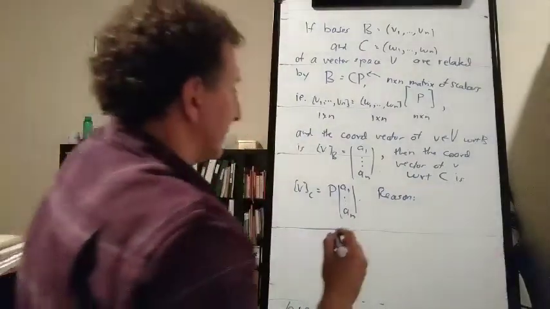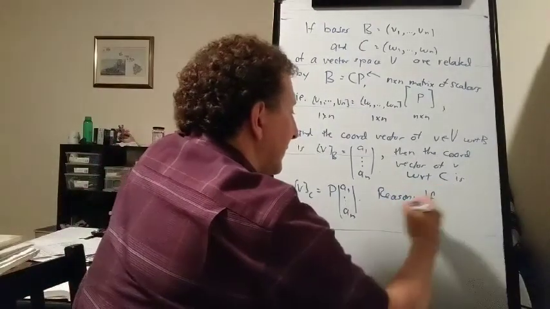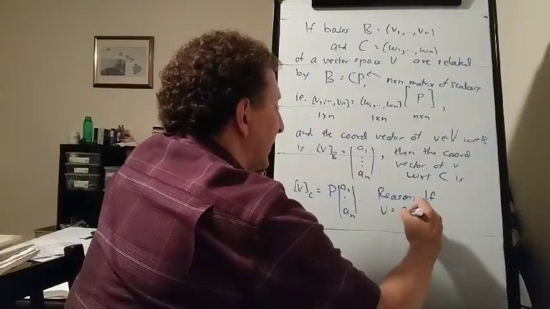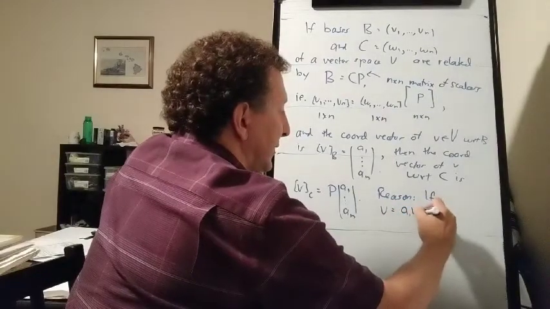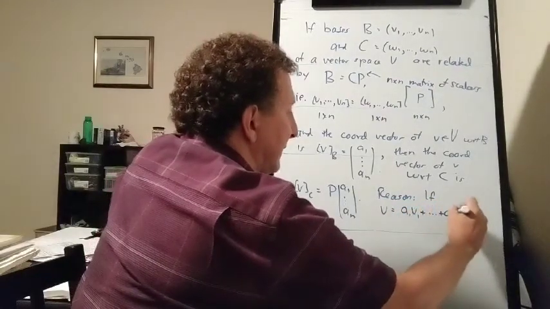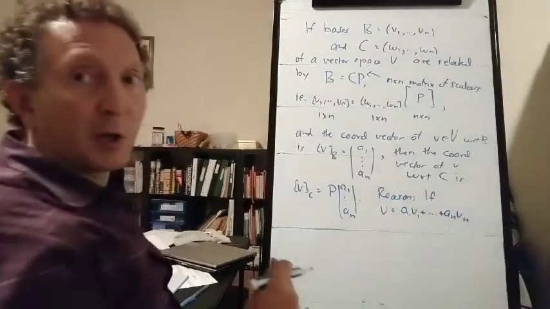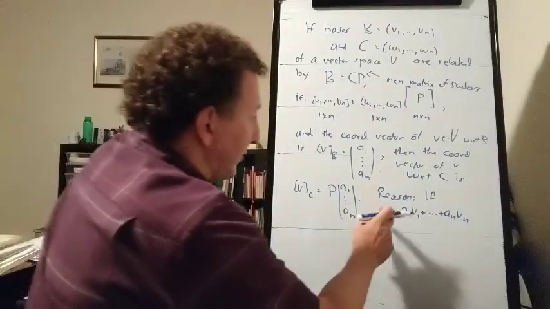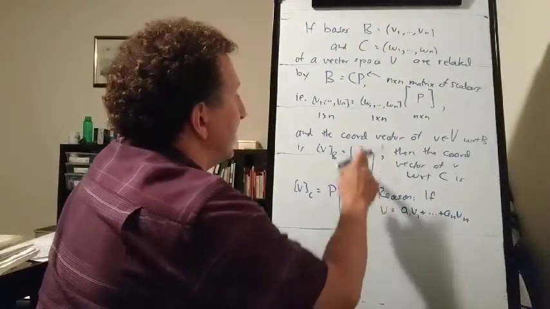The reason is that if V equals A1 V1 plus dot dot dot plus AN VN, so that's what it means for the coordinate vector of V with respect to B to be A1 through AN.